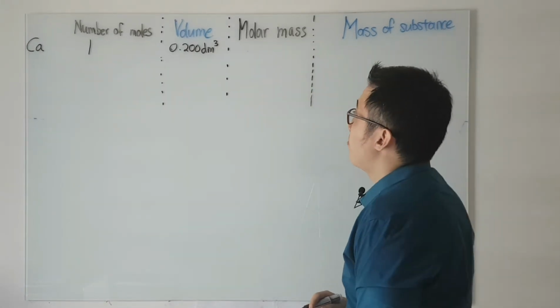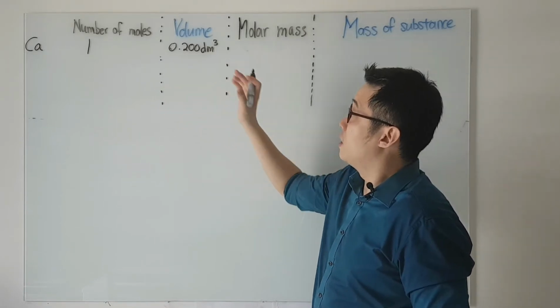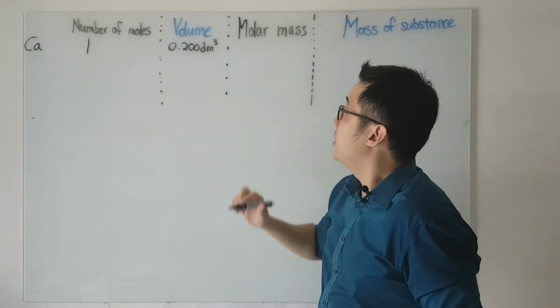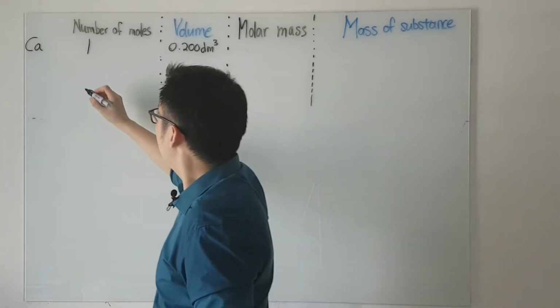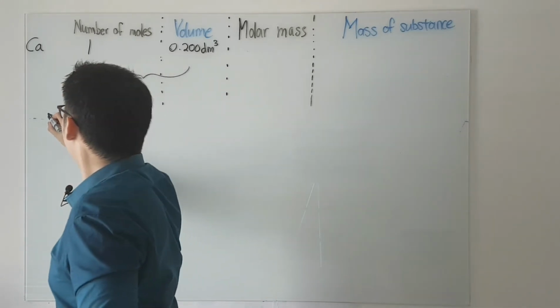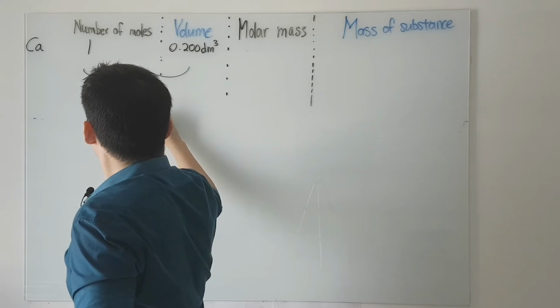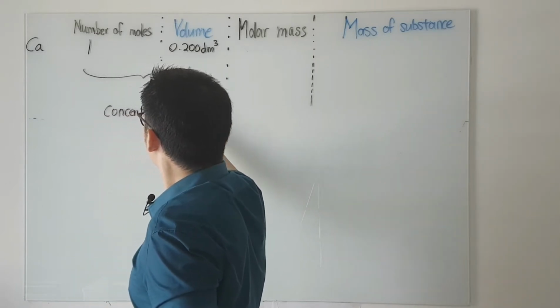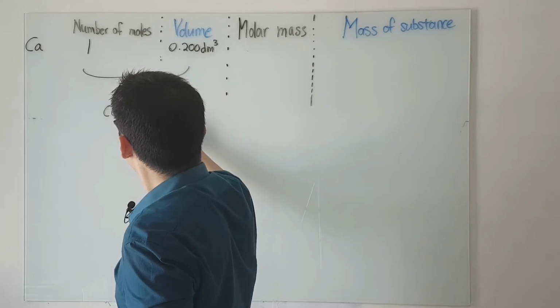Now the first question is, after I place 1 mole of calcium in 0.2 dm cube of water, what I would obtain, in terms of concentration, in moles per dm cube.